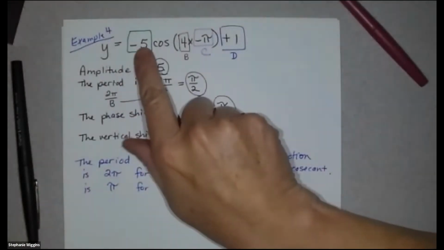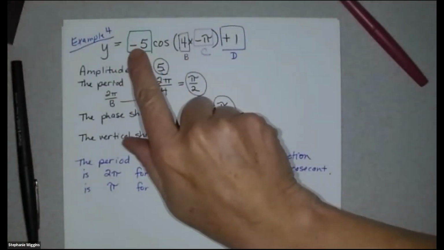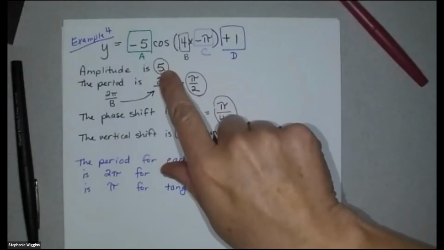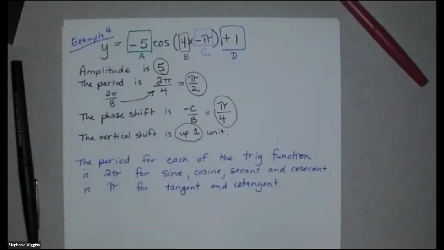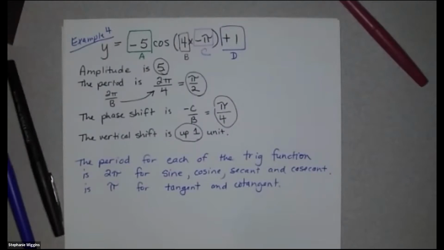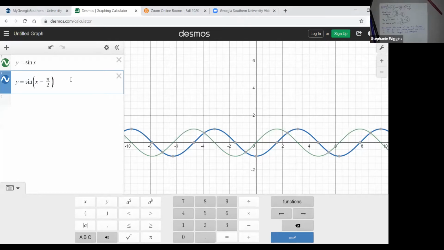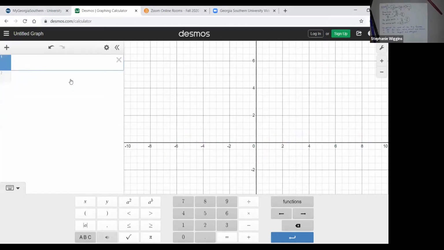Notice that this constant in front is negative, but the amplitude is still just 5, because the amplitude is a distance, and distance is always positive. Why don't we go ahead and graph this function in Desmos? So this time we're working with cosine.